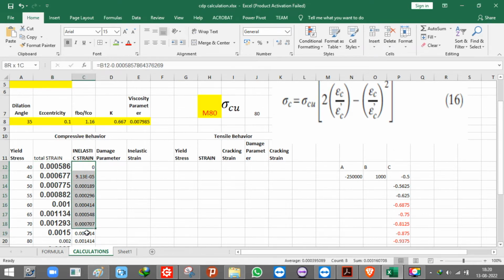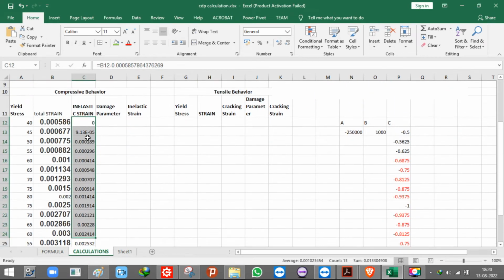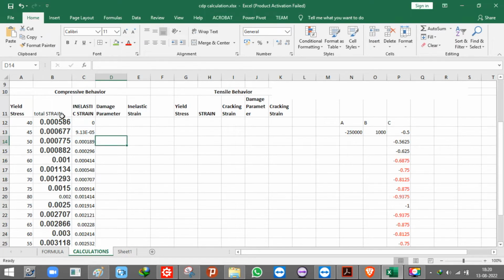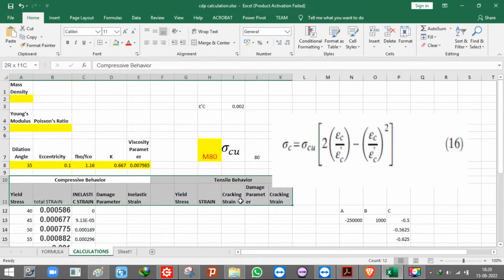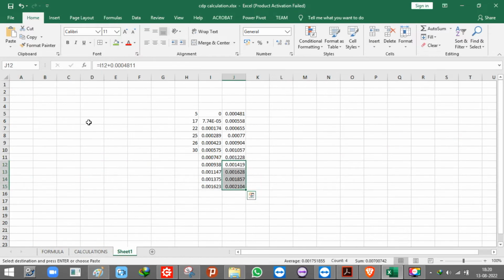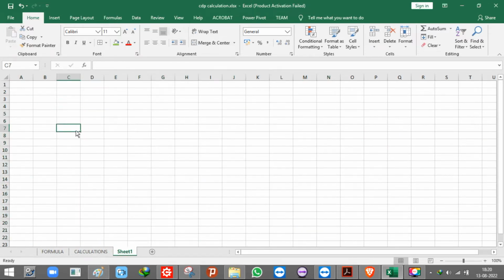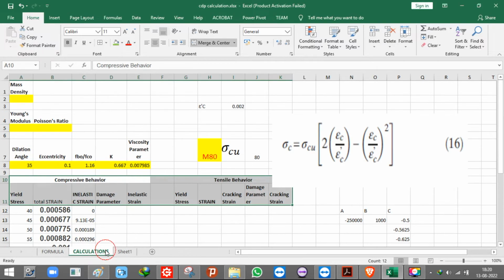So this is my inelastic strain. Parallelly I'll again copy this, and keep writing the exact data that you need for concrete damage plasticity, so it becomes easier for you.